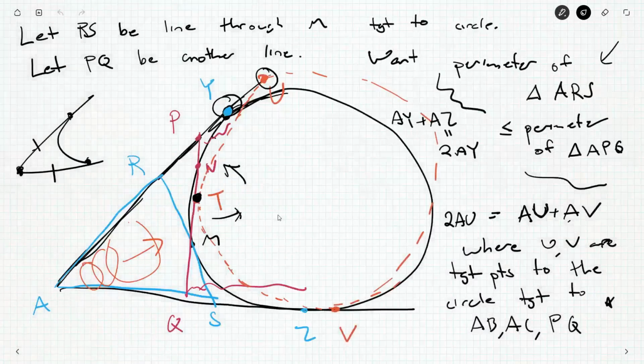But that's definitely what the picture is doing, and I think the picture combined with the words is enough to get my point across.